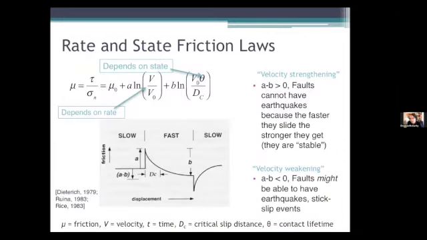In particular, I guess our niche or our contribution was that we wanted to use the same formulation that had for decades been used to describe earthquake physics, on this ice-on-rock system.